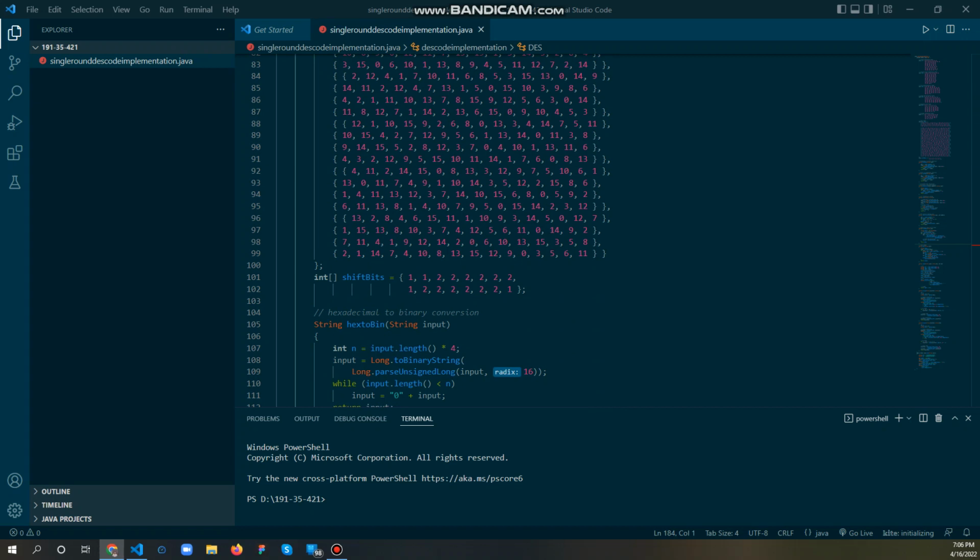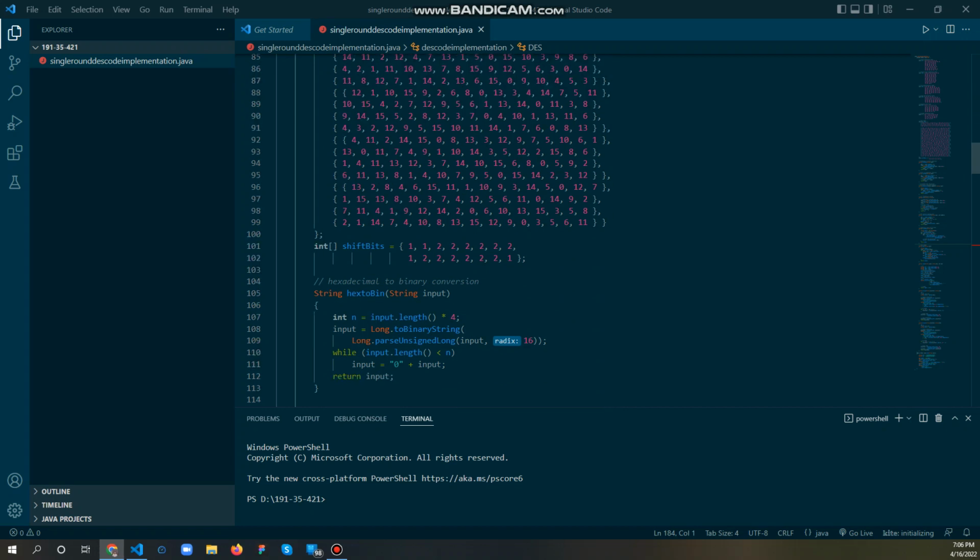Each half is circularly shifted left by one or two positions depending on the round. For example, rounds 1, 2, 9 and 16 are done by only one position, and the other rounds of circular shift are done by two positions. This gives the number of key bits shifted per round.